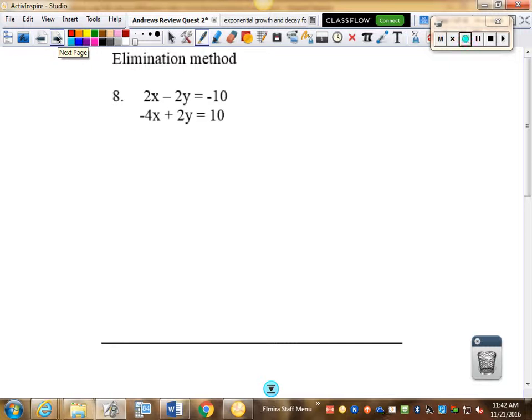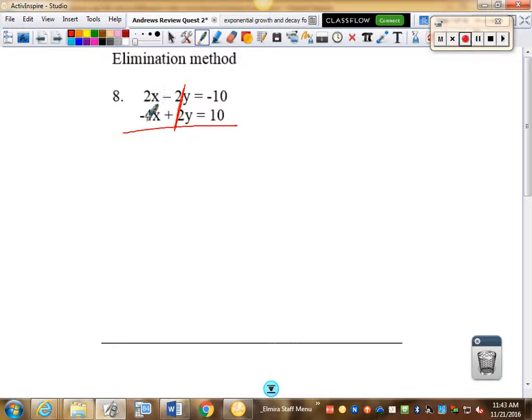All right, elimination method. What we're looking for is that either both x coefficients or both y coefficients are the same number but opposite signs. And in one of your questions, this one, you're going to get lucky and you're going to notice that it's already set up this way. These are both 2's. One's a minus 2, one's a plus 2.